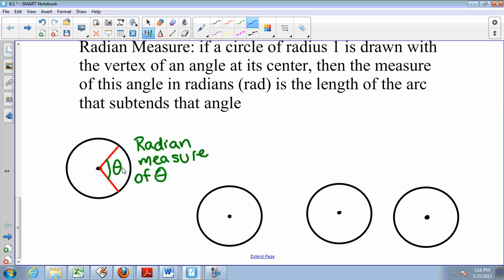This symbol is the symbol for theta. So, for example, this is 1, and then right about in here, this angle will be 1 rad.